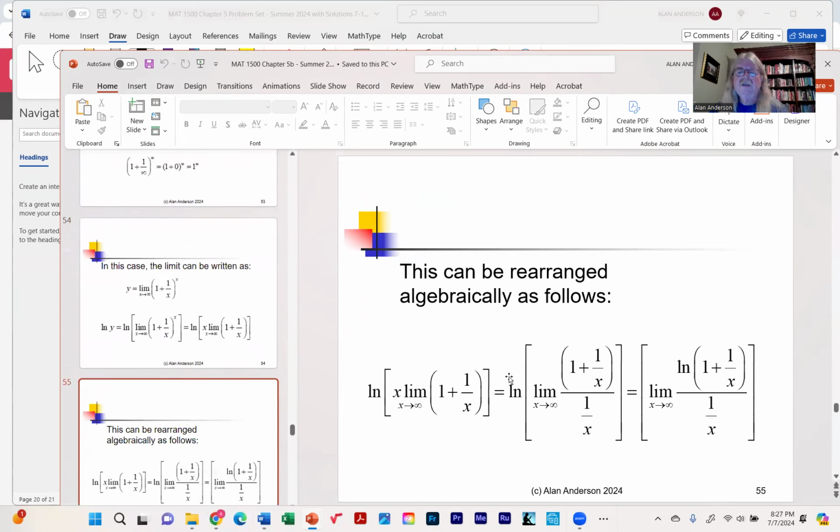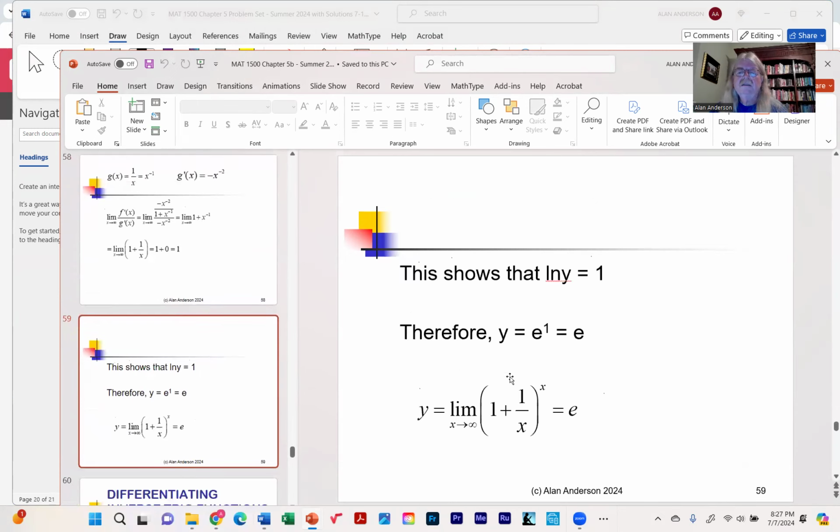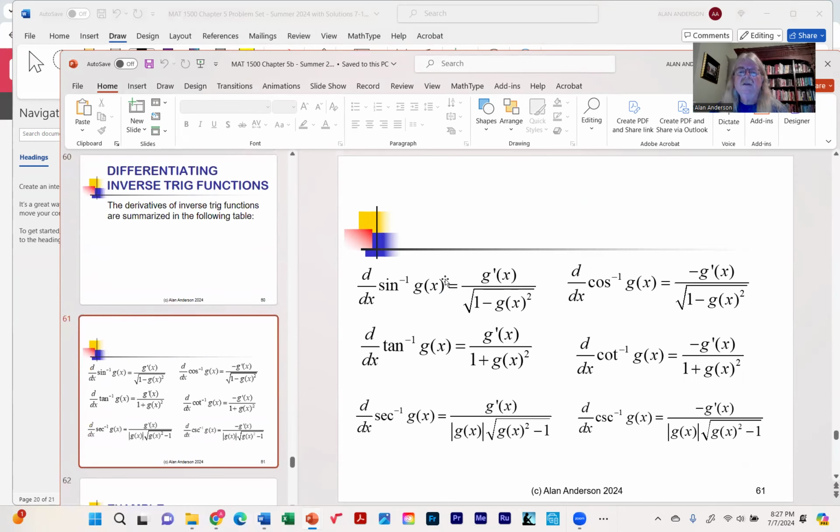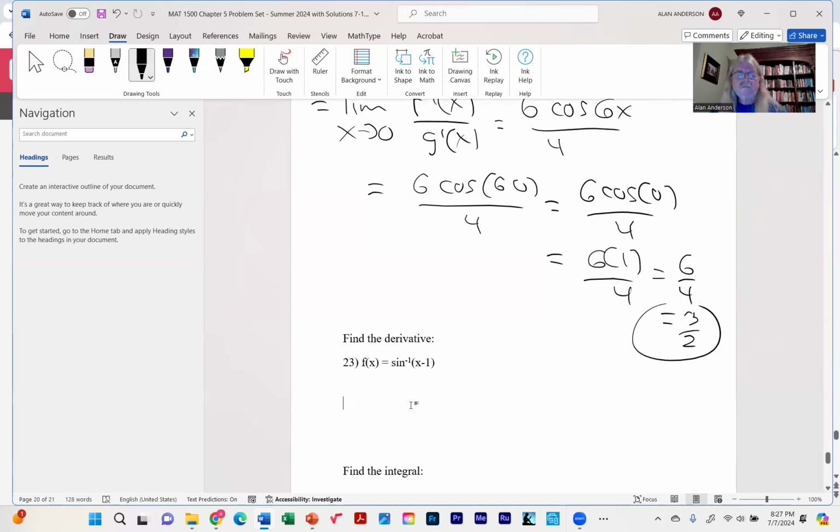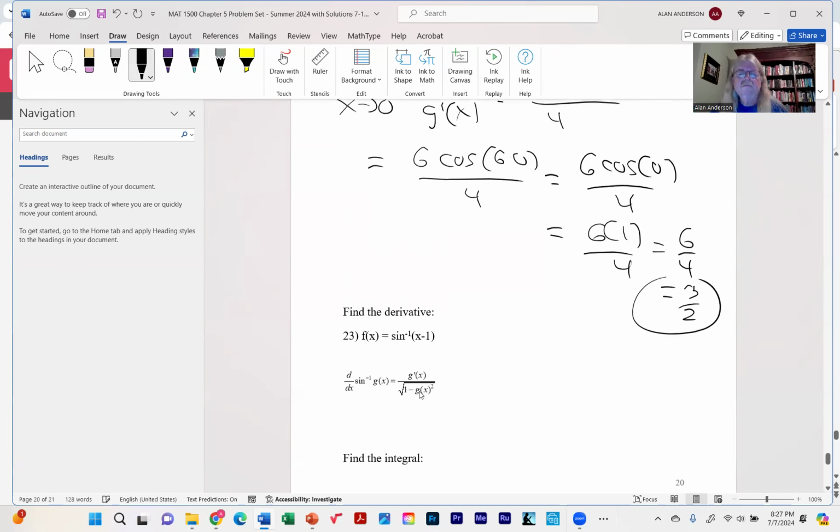Now, I know there's a chart in here. Here it is. Let's take this. So in this case, g of x is this x minus 1.